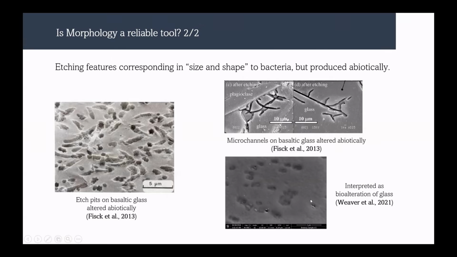And so the idea is that if we want to use surface microtopography to distinguish between abiotic alteration and bioalteration, maybe we need to develop some new techniques that are able to distinguish between these two.